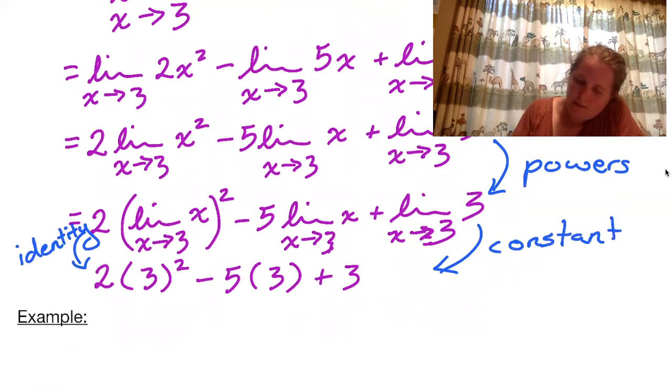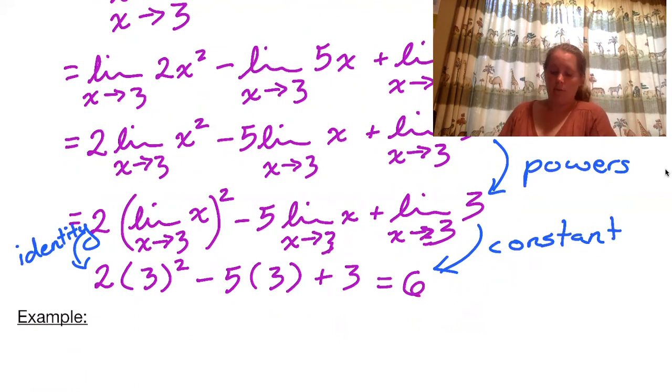And we wind up getting 2 times 3 squared. We're looking at 2 times 9 or 18 minus 15 plus 3. And we wind up getting 6. Now, if we look at what we wound up with at the bottom, 2 times 3 squared minus 5 times 3 plus 3, that was actually just our polynomial we started with evaluated at x equals 3.